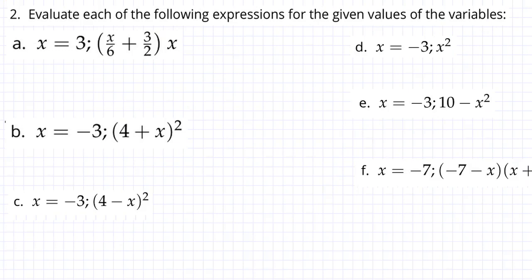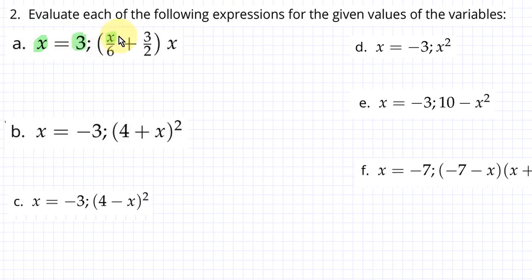Okay, here is number 2, still from the first do item from section 0.1, Basic Equations and Expressions. So we're still evaluating expressions, not actually solving anything yet. So this time we're just going to be plugging in for x some numbers.